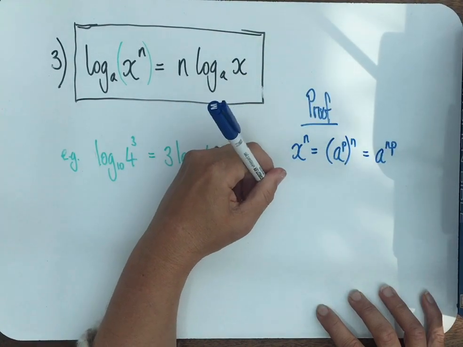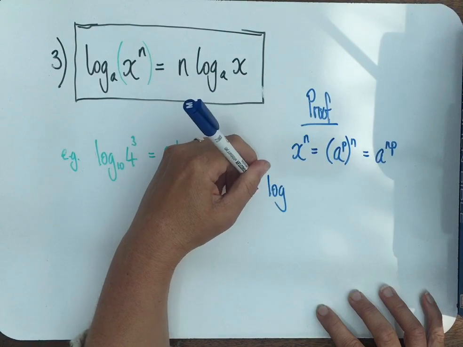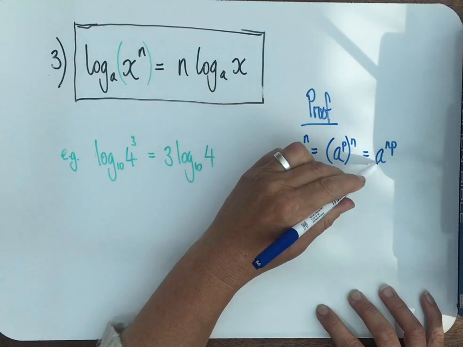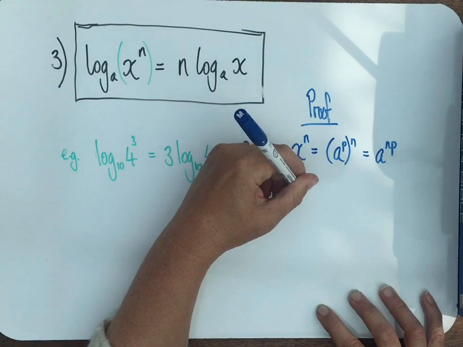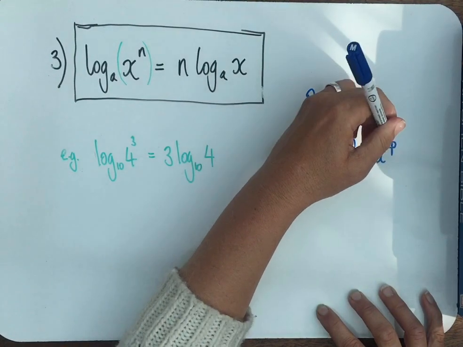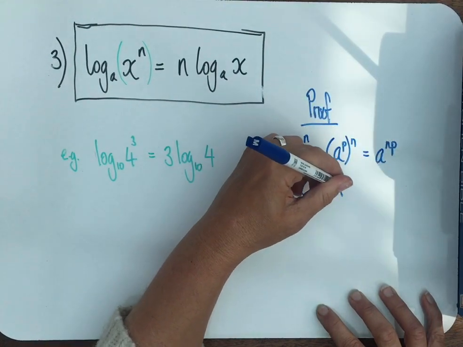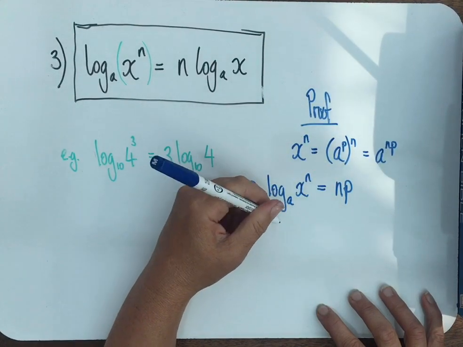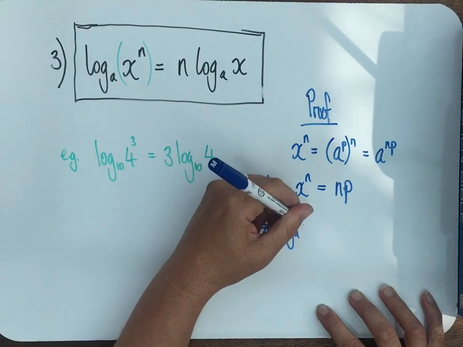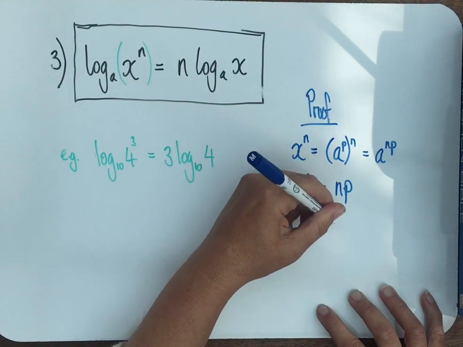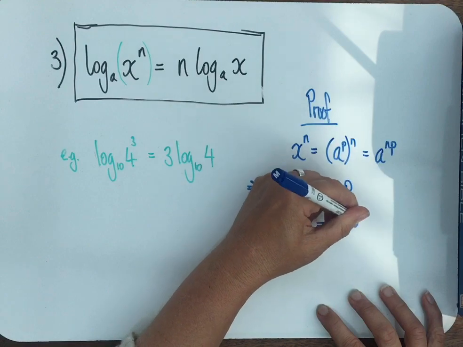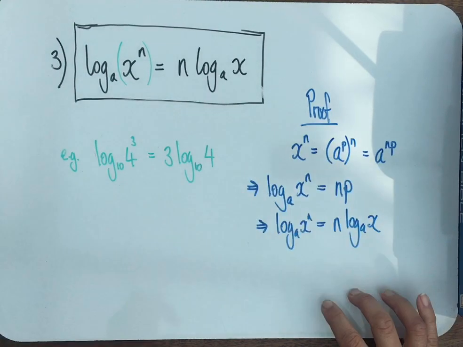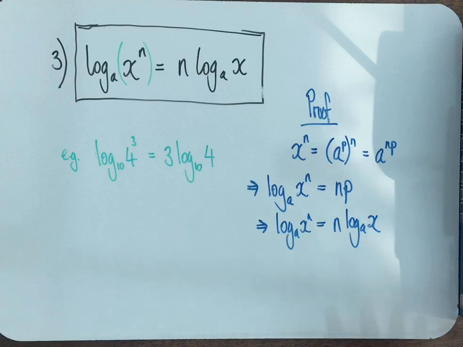And so log to the base a of x to the n equals this power, np. But p is log to the base a of x. So they're quite nice little proofs. So that's the proof of that. If that's confusing in any way, please tell me and I'll go over it with you. Or you can rote learn it.